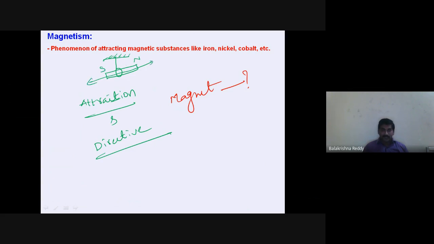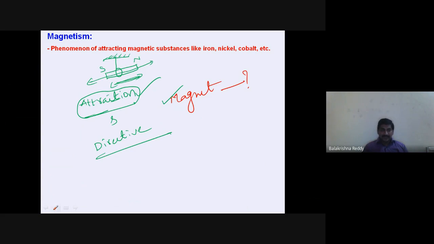Though you tilt or twist it, again it comes to rest in this direction, and at the same time it attracts magnetic materials. So we say it is a magnet. It should have attraction as well as directive property.